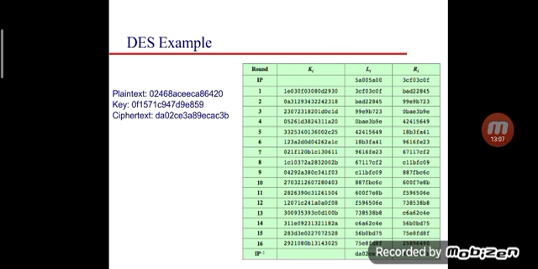For that we can consider one plain text and one key, and we can repeat the operation 16 times. After performing the inverse permutation, we'll get the ciphertext. Likewise, we can swap our information through the 16 rounds.